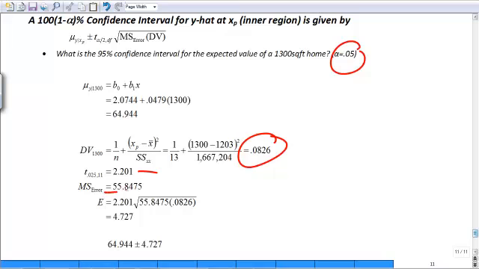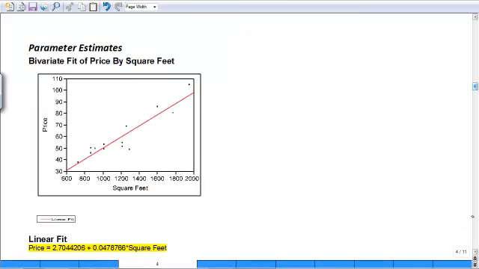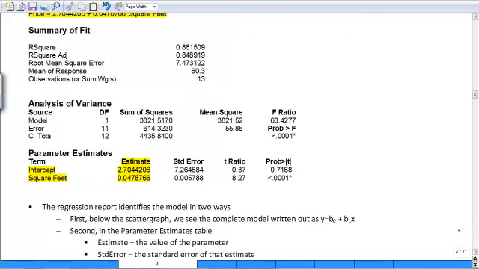Where do we find mean squared error? It's going to be on the ANOVA table, out of our regression model. Mean squared column, error row, gives us a mean squared error, and that mean squared error of 55.85 is the variance around the model.